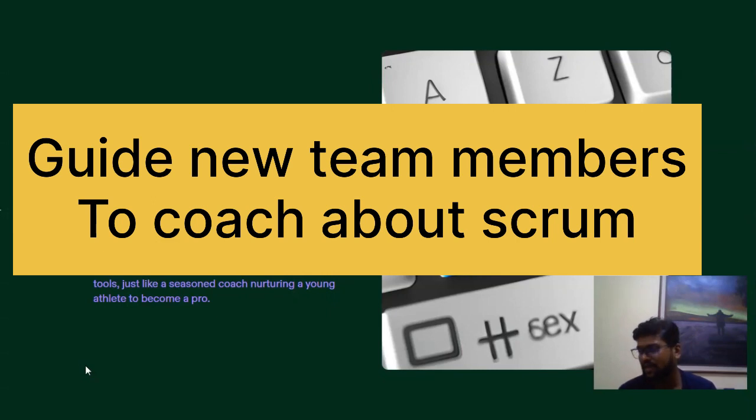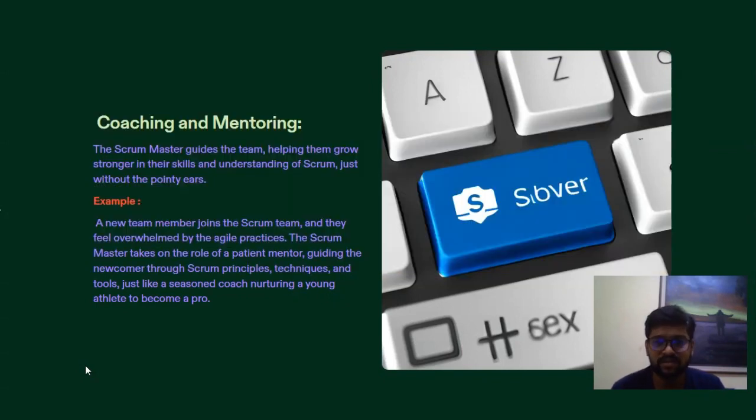Okay. So as a Scrum Master, you are required to coach him or her about agile practices, principles, techniques, everything. Okay, and as Scrum Master you are responsible for giving him guidance about the Scrum process, and how to work in the Scrum environment as well. So this is another responsibility of a Scrum Master.